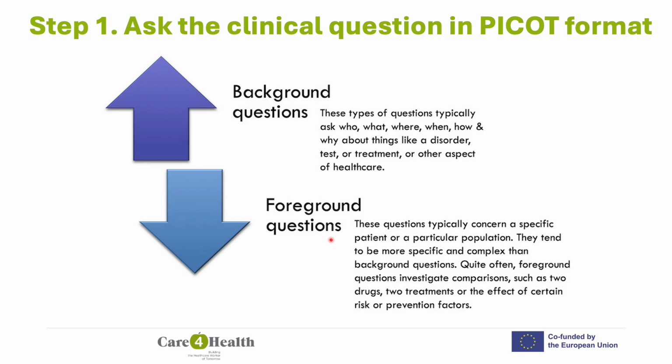They tend to be more specific and complex than background questions. Quite often, foreground questions investigate comparisons such as drug to drug, treatment to treatment, or the effect of certain risk or prevention factors. Remember that only by asking a precise and clinically reasonable foreground question may we find the appropriate answer and make a sensible decision as for the further handling of the patient.